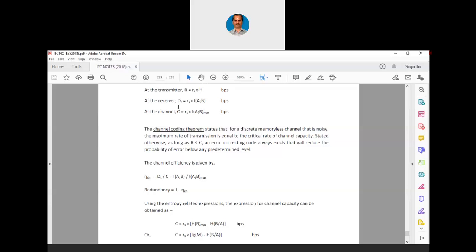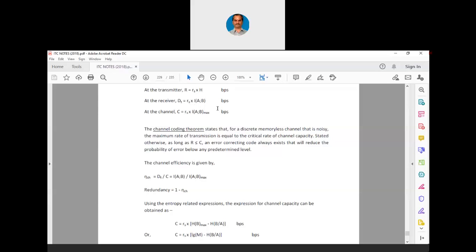And at the receiver, Dt, or the data transmitted, is equal to small rs into I of A semicolon B. This I of A semicolon B is called the mutual information. You should visualize those two circles which we have been discussing earlier.